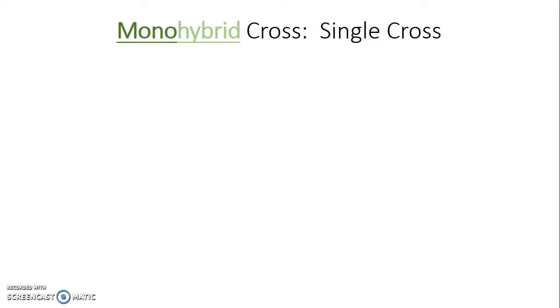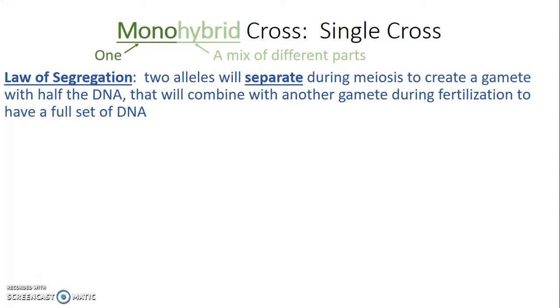So one thing that he taught us was about a monohybrid cross, a single cross. Mono means one, and hybrid means a mix of different parts. And so here's the law of segregation.